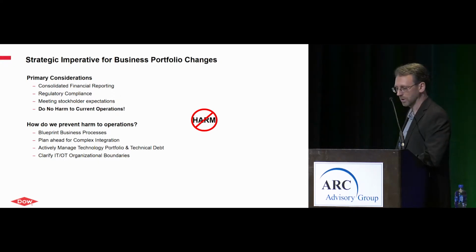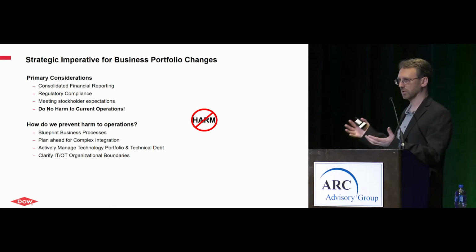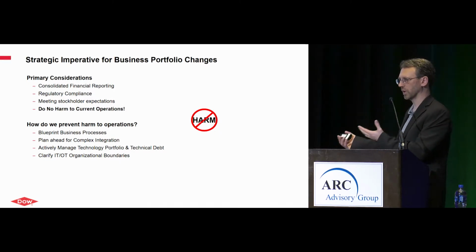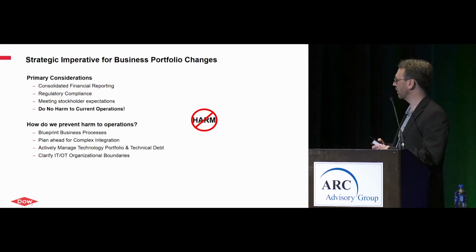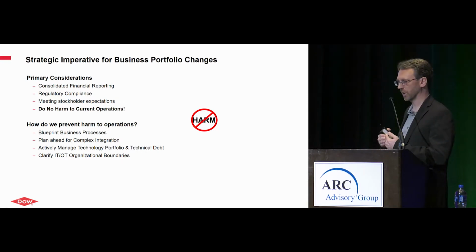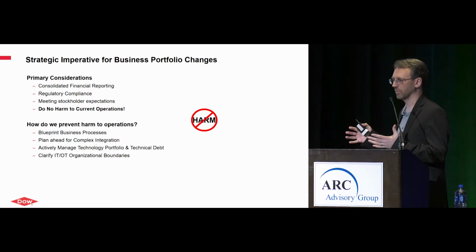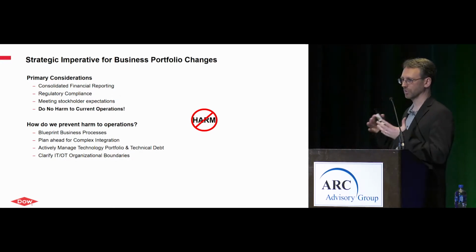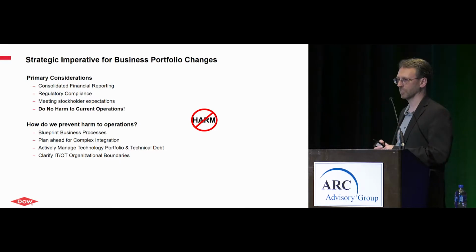And so the recipe that I'm going to suggest, and what we loosely follow, is that we do a blueprint of the business processes, both Dow and whoever we're acquiring, or if it's a divestiture, looking at what the future needs are. Then I'll talk a little bit about planning for the complex integration, and about the proliferation of all of these tools, as was alluded to earlier, that are one-off solutions that have grown up in other companies.